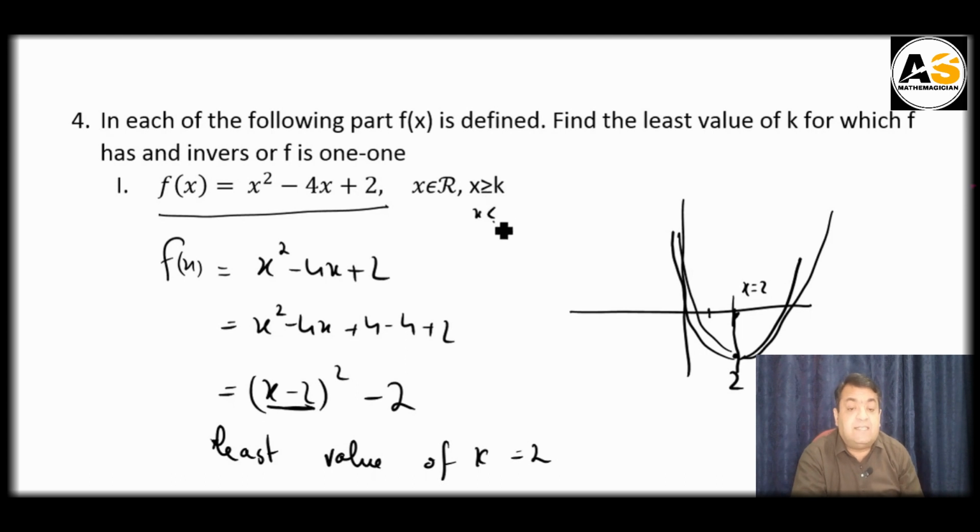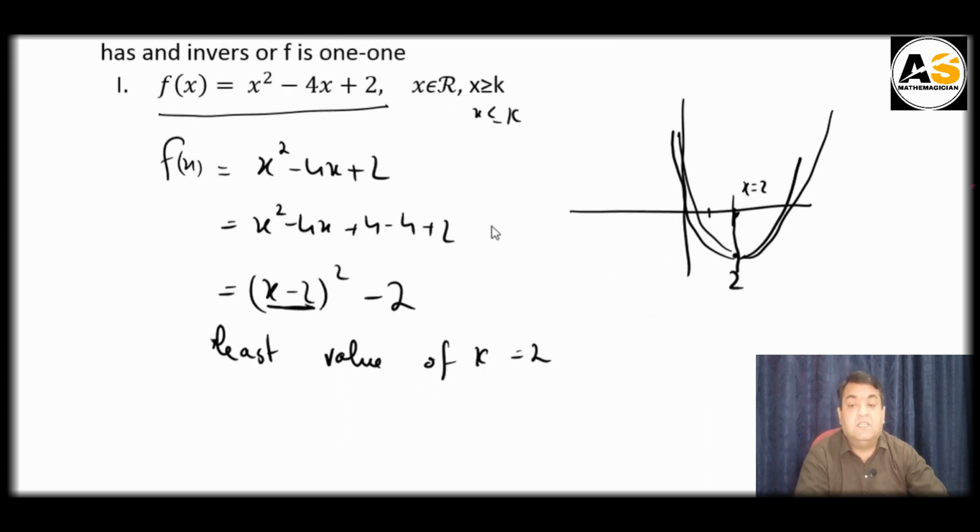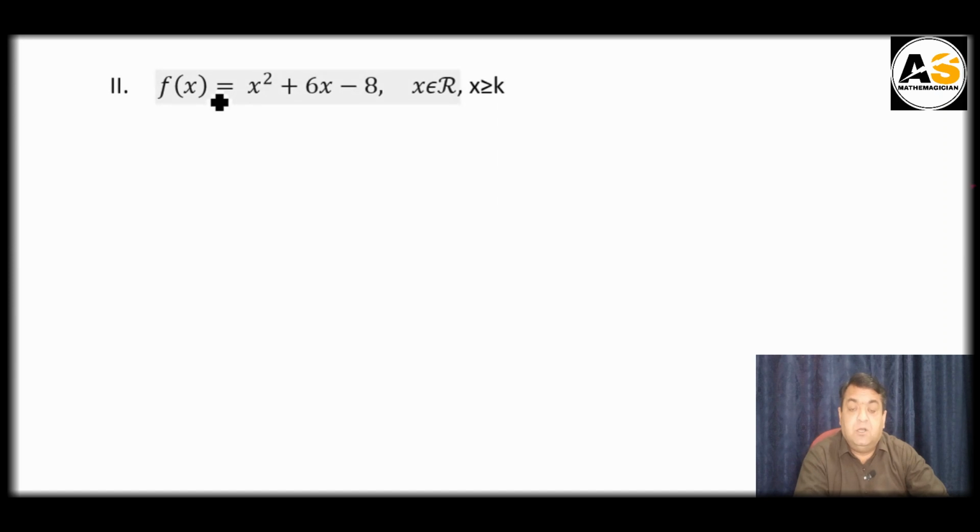If it was x less than or equal to k, which we will see in later questions, then we could not find the least value of k, but we could find the greatest value of k for which the function is 1-1. This was part 1.